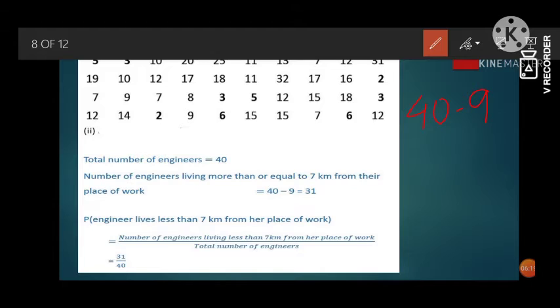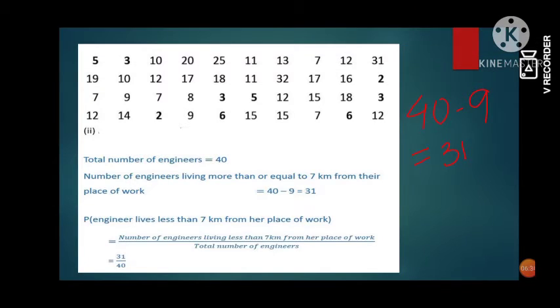to their place less than 7. So if we subtract those 9, we will get 31 engineers who are living more than or equal to 7 kilometers. So if we see the table, the unbolded ones are the engineers who live 7 kilometers or more from work.